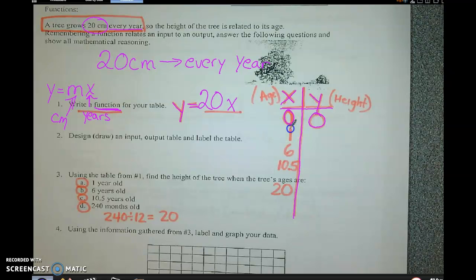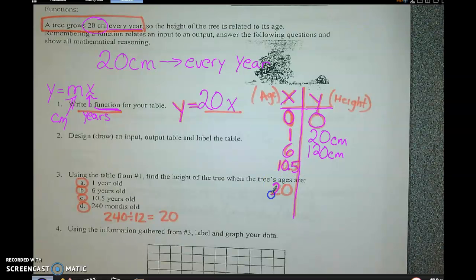When the age of the tree is 1 year, the height of the tree is 20 centimeters. When the age of the tree is 6 years old, then the height of the tree is 120 centimeters.